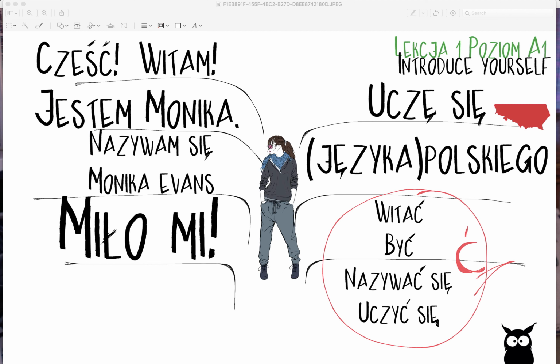So here it is. This is the chart for our lesson today. And let me start with these two words. The first one means hi, but also bye, and it's pronounced as cześć.